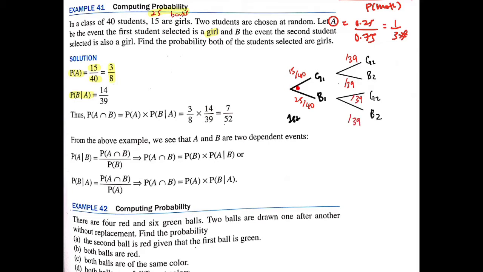We have 15 girl students altogether. If one is already chosen, the next one from 15 is going to be 14. How about for boys? We didn't choose any boys yet, so the boys will stay as 25.